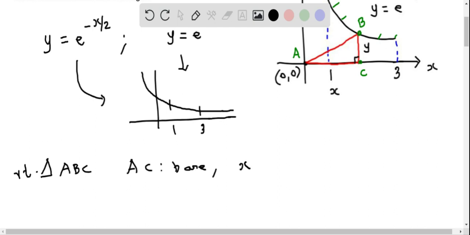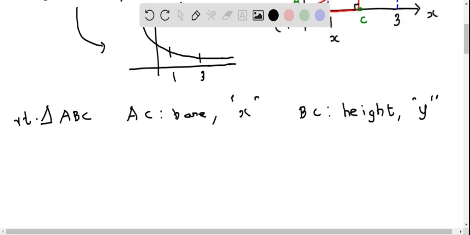The length of AC is going to be dependent on x. So we can represent this as x. And BC is the height, which is given as y, because this height is also varying according to the function y equal to e power minus x by 2.